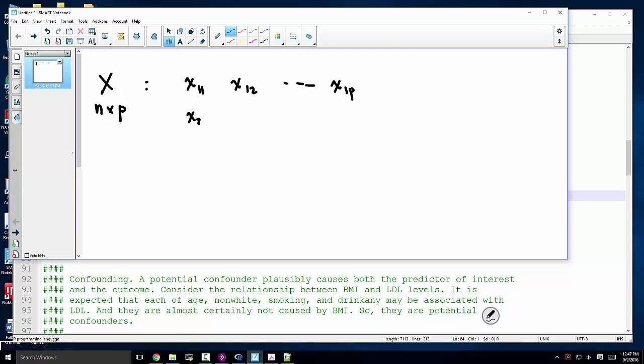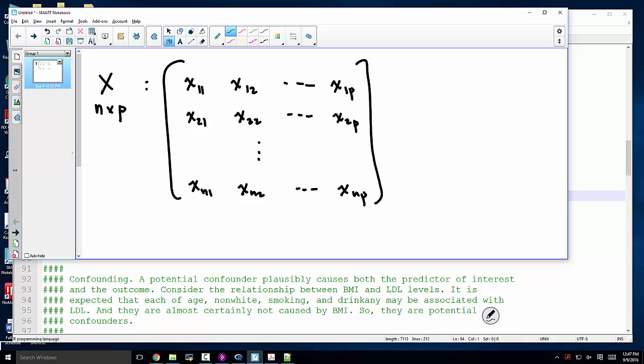And then here are the p numeric observations for the second individual all the way down to n. Okay. So each column contains all the observations in our sample on one variable.